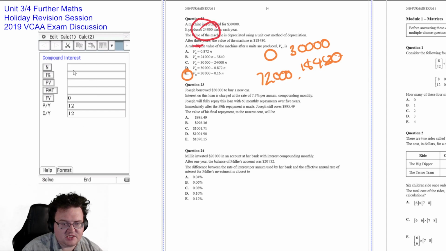Obviously, you want the final value to be 0. N will be 60. The interest rate will be 7.5. And the initial is 50,000.